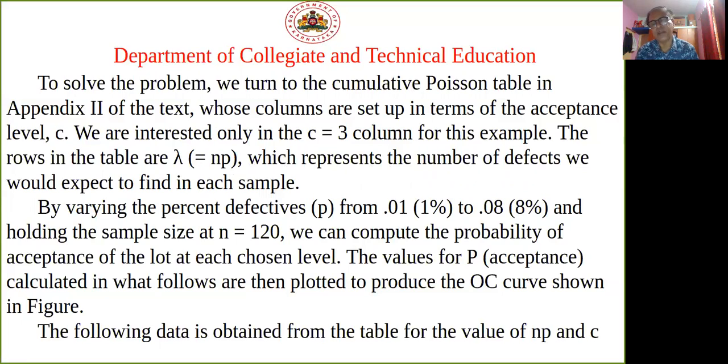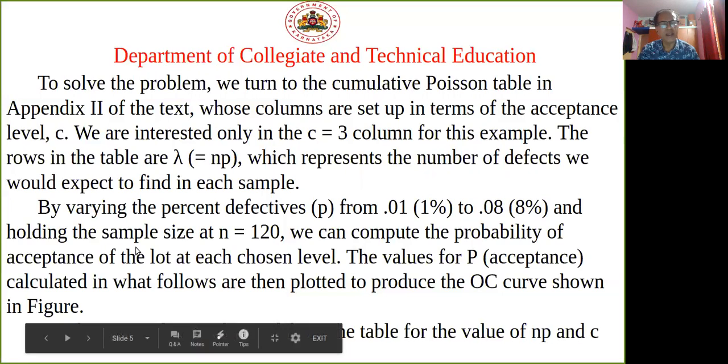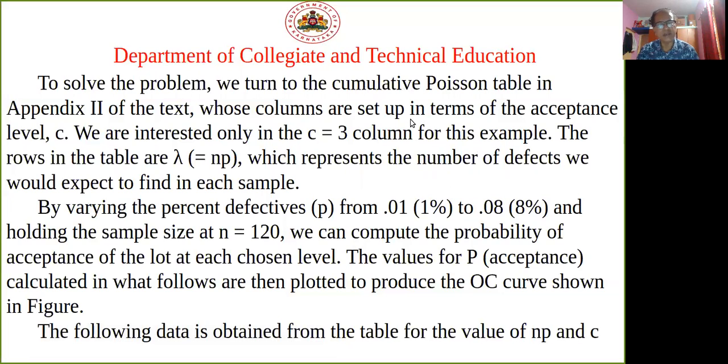So we have to find the probability of acceptance for p equals 0.01, 0.02, 0.03, 0.04, 0.05, 0.06, 0.07, 0.08. Holding the sample size n equals 120, we compute the probability of acceptance of the lot at each chosen level.